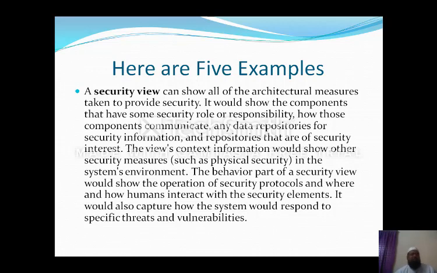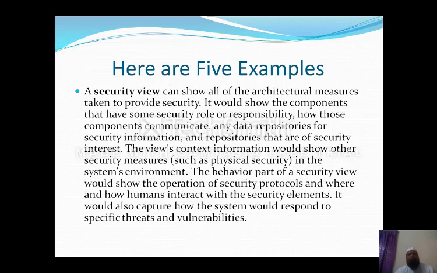It would show the components that have some security role or responsibility, how those components communicate, any data repositories for security information and repositories that are of security interest. The view's context information would show other security measures such as physical security in the system's environment.